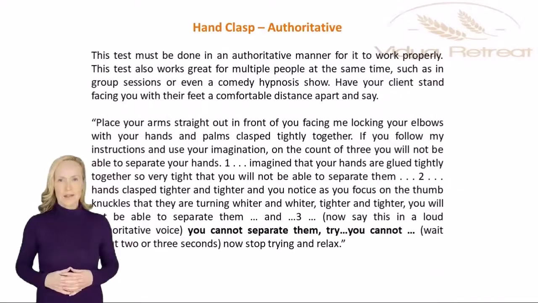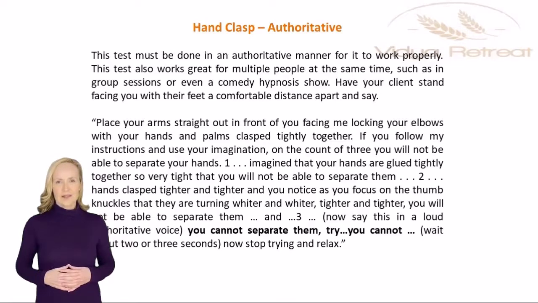Hand clasp. Authoritative. This test must be done in an authoritative manner for it to work properly. This test also works great for multiple people at the same time, such as in group sessions or even a comedy hypnosis show. Have your client stand facing you with their feet a comfortable distance apart and say, place your arms straight out in front of you facing me, locking your elbows with your hands and palms clasped tightly together. If you follow my instructions and use your imagination, on the count of 3 you will not be able to separate your hands. 1.